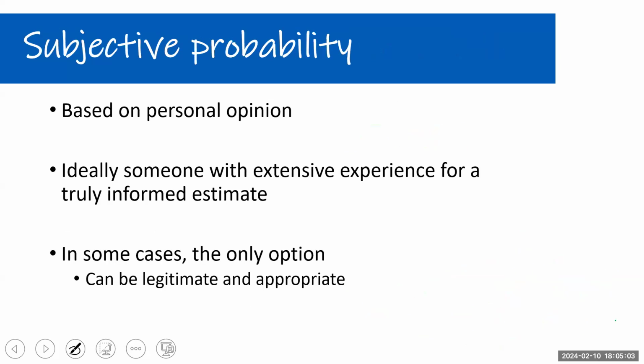Now, the last type of probability we're going to talk about is subjective probability. So subjective probability is based on personal opinion. Now, I know what you're thinking. That's a bad idea. And sometimes it is, but sometimes it's our only chance. Okay. We've had a lot of days in the history of the earth, right? But every day is different. So just because it rained yesterday doesn't mean it's going to rain tomorrow. Or just because it's raining right now doesn't mean it's going to rain tomorrow.